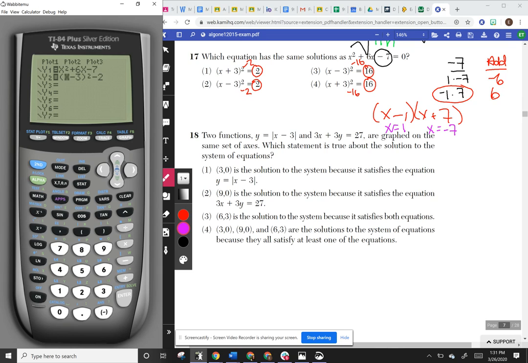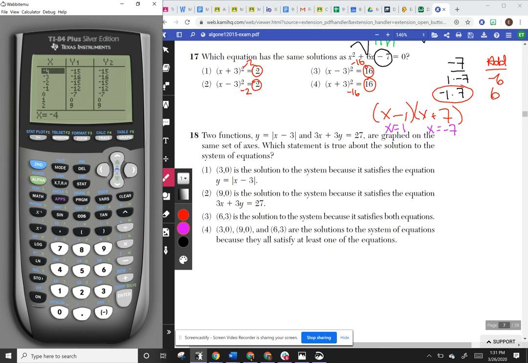Okay, so I'm going to test option 3 now. It's still x minus 3, but now on the outside we have minus 16. Second graph. So y2 does not have a 0 when x is 1. Go back to y equals, plus second graph.